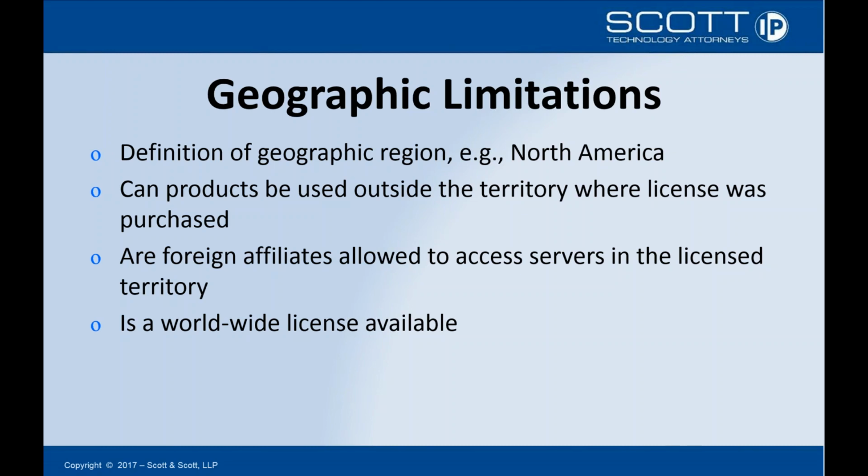So if all of your programmers are physically located in India, but they're using RDS to connect to servers in a colo in Kansas and run IBM products, is that an allowable use or is it not? Some of my clients want to ask for a worldwide license, but they often don't want to pay the corresponding licensing fee that goes along with an IBM worldwide license, if it is even available in their instance.